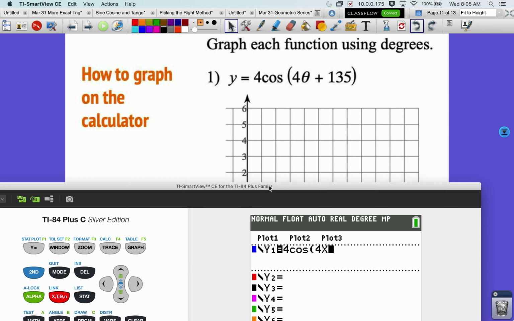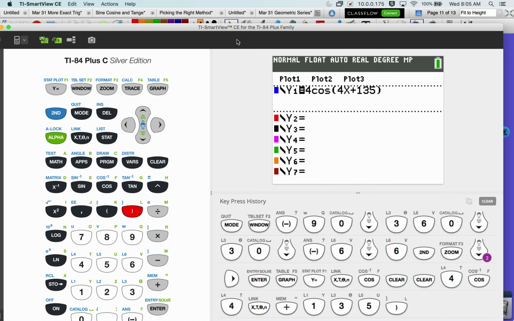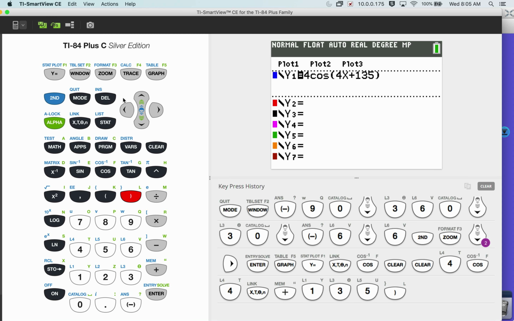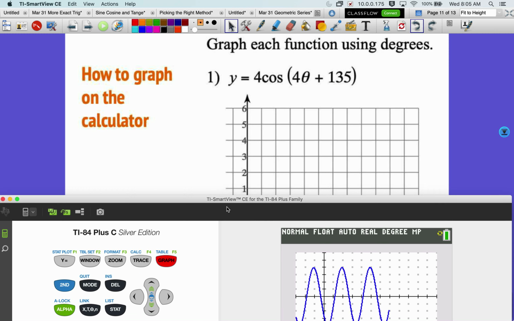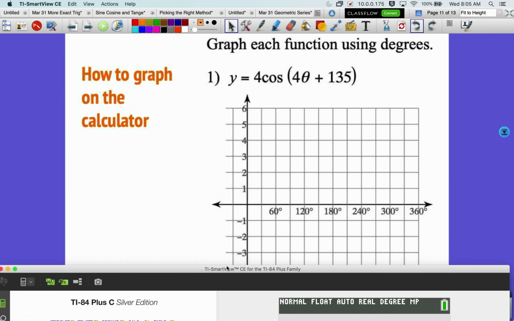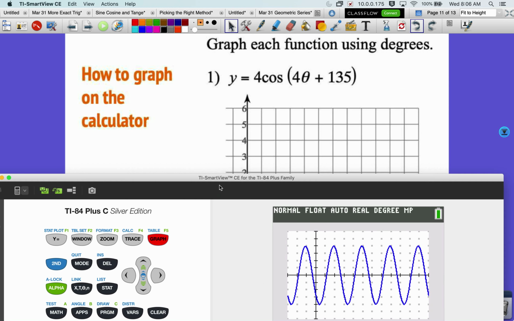It will graph it the same. Plus 135. Close parentheses. Yep, that looks good. Hit graph. And now if I needed to, I could sketch this function onto this graph.